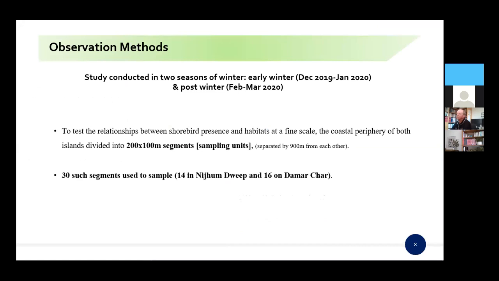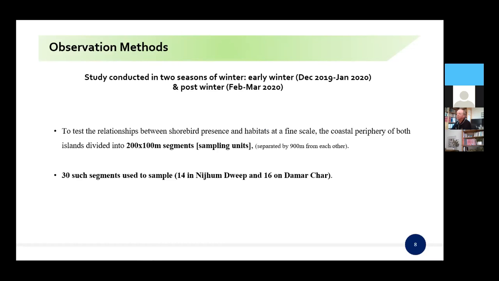This study was conducted in two seasons of the last winter, the early winter phase and the post-winter phase, to test the relationship between the shorebirds' presence and habitats at a fine scale. The coastal periphery of the island is divided into small fragments, 100 to 200 meters deep.